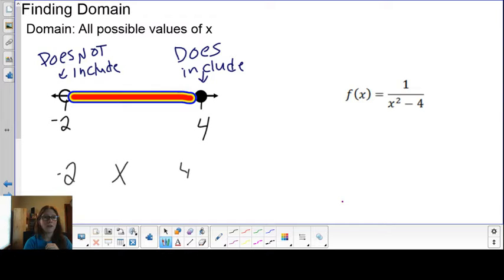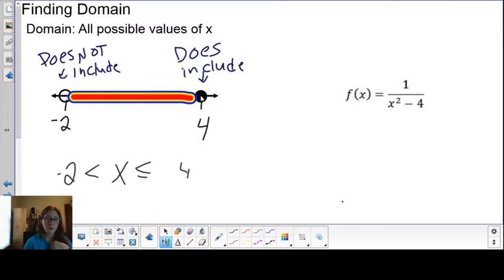Since we're not going to include -2, x is never going to be equal to -2. So I want my values of x to actually be greater than -2. I know if you read from left to right, it says -2 is less than x, but if you were to flip it around, it's still saying x is greater than. Remember, whatever is being eaten is the bigger side. So x is the bigger side, it's being eaten. However, x is also going to be smaller than or equal to 4.